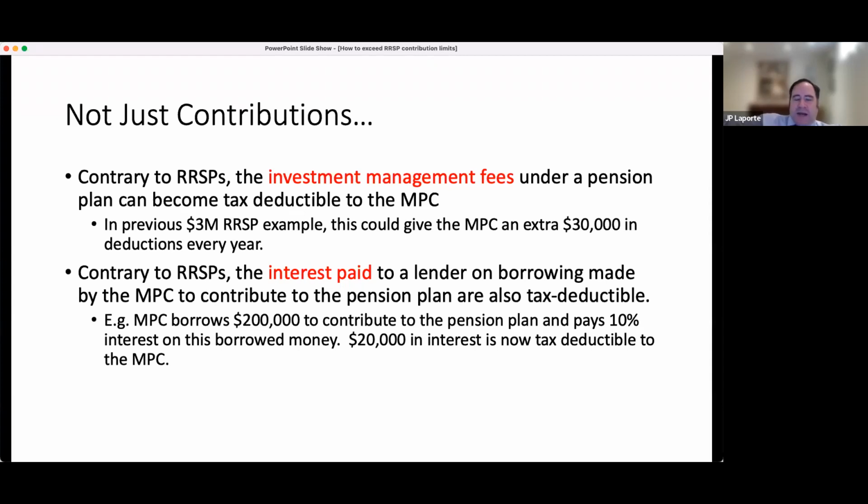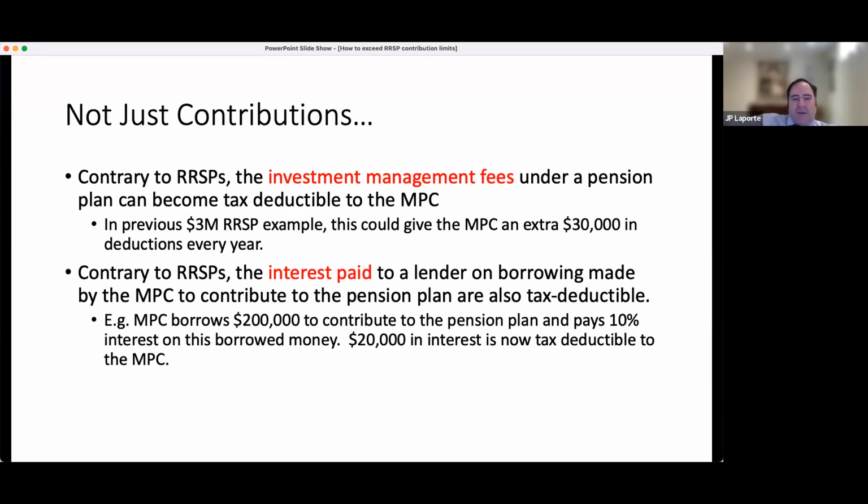So going back to Dr. X with her $3 million RRSP, if that $3 million had been in the PPP, and again, her investment advisor is charging her 1% on assets, that's an extra $30,000 corporate tax deduction for the medical professional corporation. So in effect, we're reducing the cost of investing because we don't need to pedal as hard to get to the same destination.